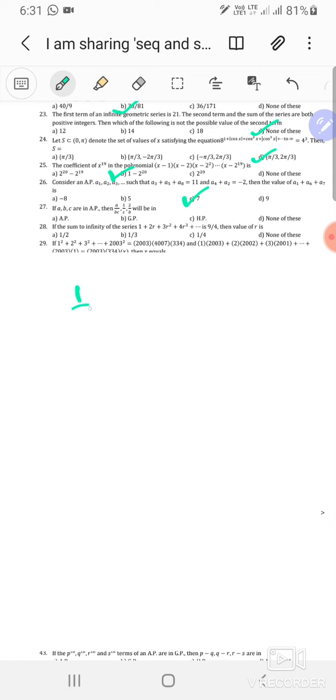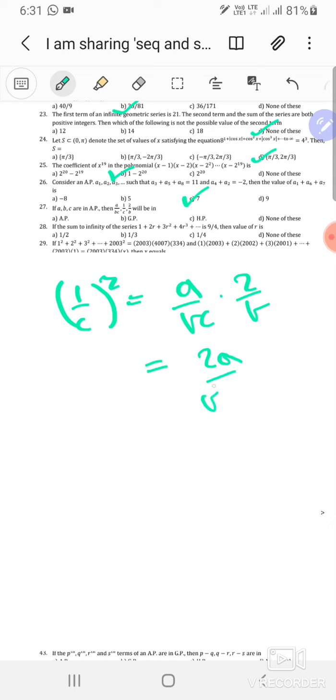So in that case, 1 upon C squared would be equal to A upon BC into 2 upon B. Okay, fine. Which is nothing but 2A upon B squared C. Now I can cancel 1C away.